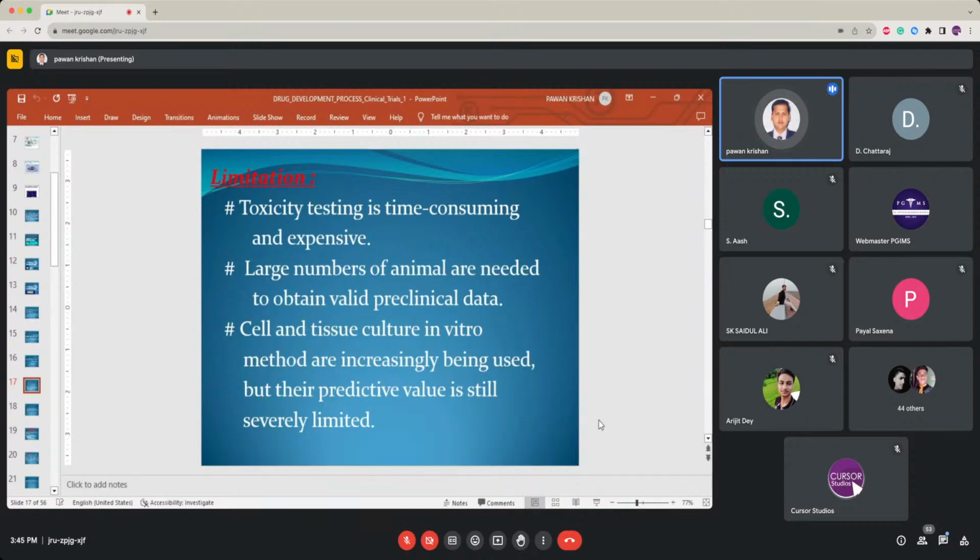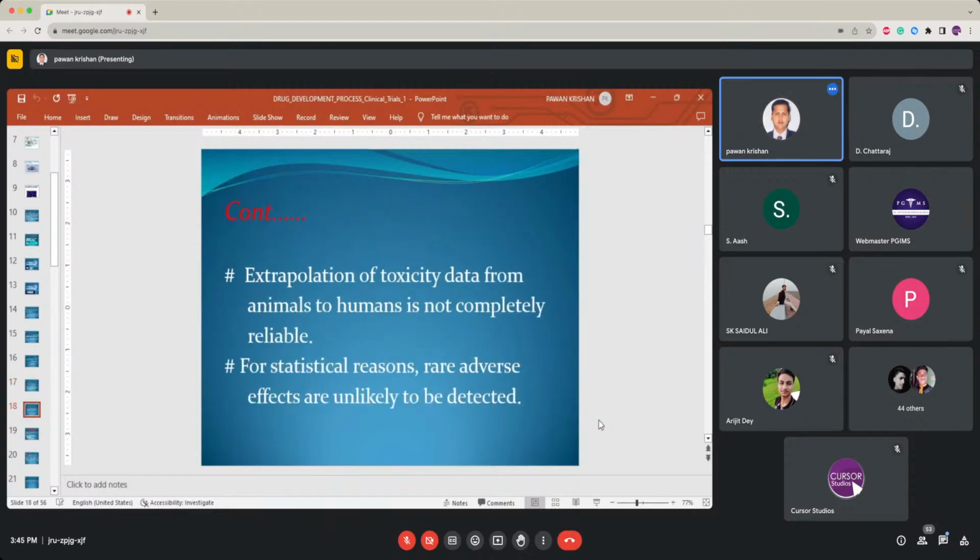The cell and tissue culture in vitro methods are increasingly being used, but their predictive value is still severely limited. So extrapolation of toxicity data from animals to humans is not completely reliable. For statistical reasons, rare adverse effects are unlikely to be detected.